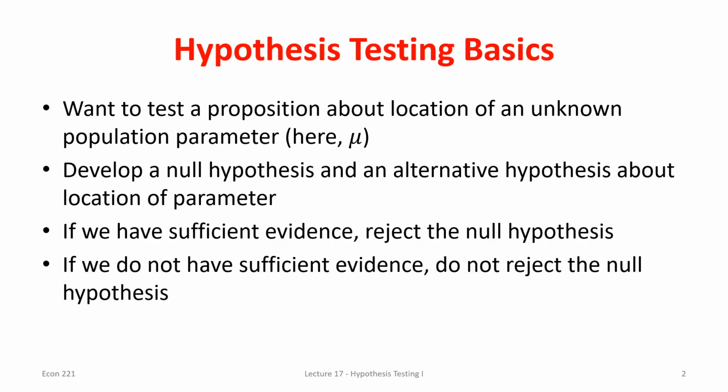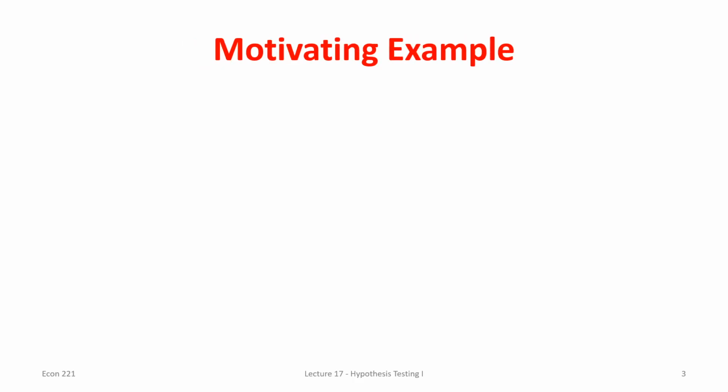If we don't have enough evidence, then we would fail to reject the null. We don't say that we accept it, we say that we failed to reject. We just didn't find enough evidence to be able to reject it, but it's not the same as saying accept.